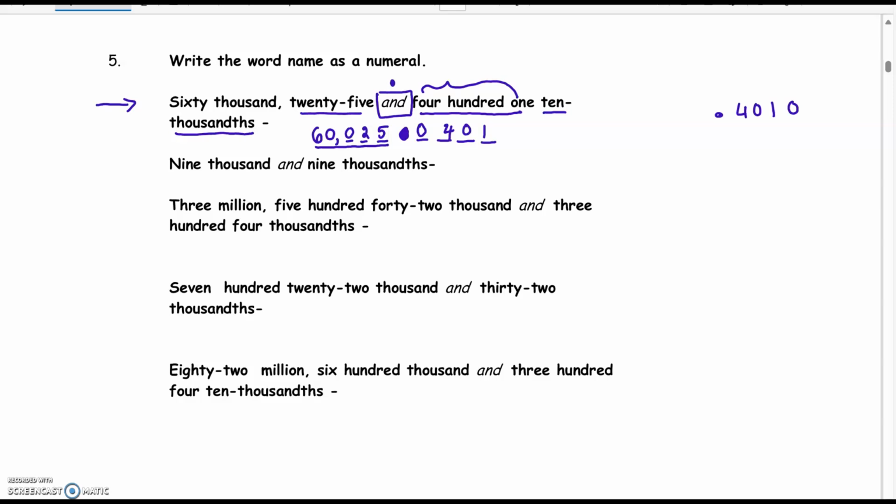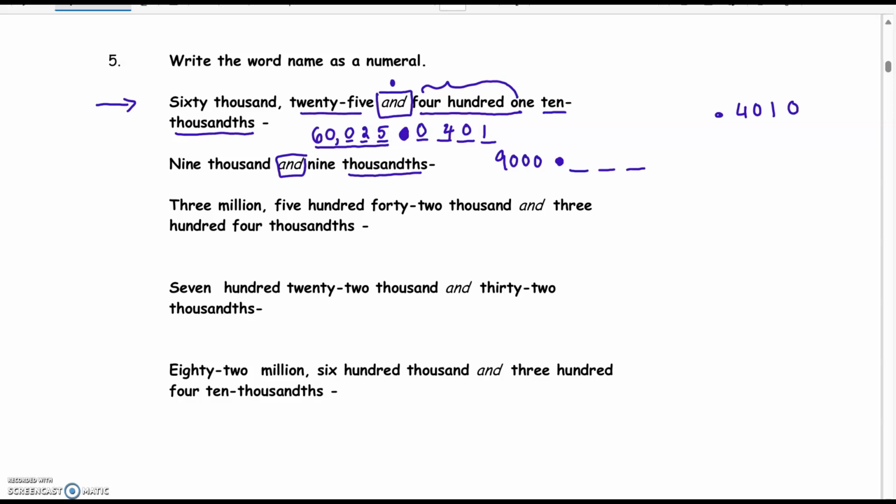9,000 and 9 thousandths. So the word and tells you there's a decimal point. 9,000, that's pretty clear. 9,000 and nothing else, so it's just 9,000 and 9 thousandths. Read the ending. The end tells you how many decimal place values. It says thousandths, so that's tenths, hundredths, thousandths.